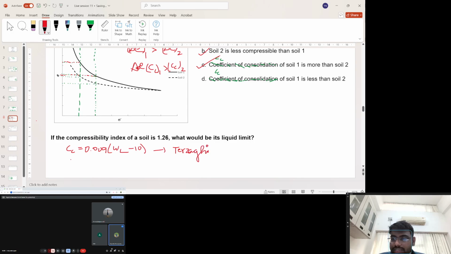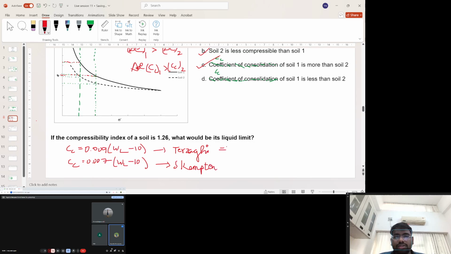And the second relation is 0.007 into (WL minus 10), which is given by Skempton. Right?